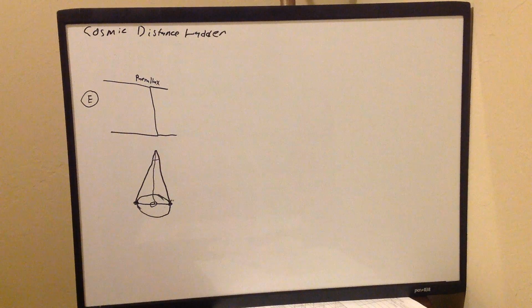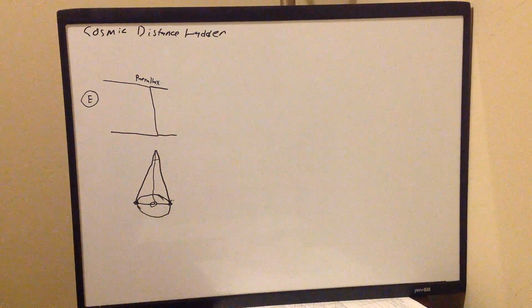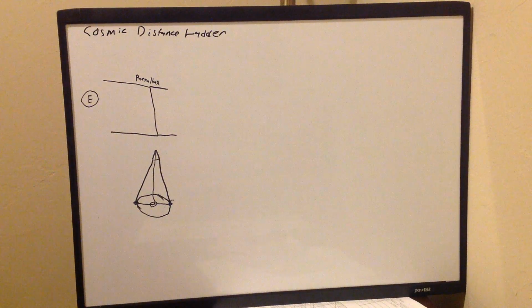However, in order to use it, we have to be able to see the difference in angle at the two times of year. And that only works for stars that are fairly close to us. I mean, we've gotten pretty accurate, and we can see very, very slight parallax from stars that are pretty far away.